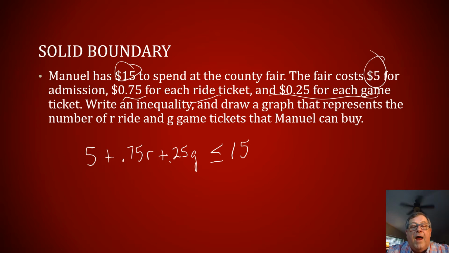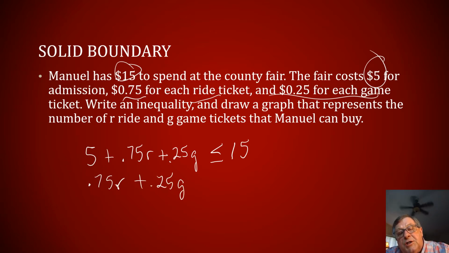But if I want to graph this, I've got to solve for one of the variables. So let's solve for the variable G. I'm going to rewrite this. First thing I want to do is subtract 5 from both sides. So now I've got 0.75R plus 0.25G is less than or equal to 15 minus 5, which is 10.